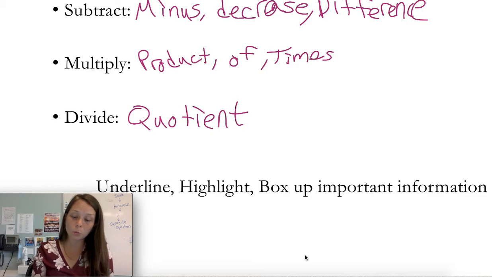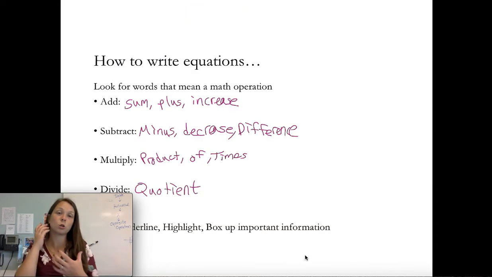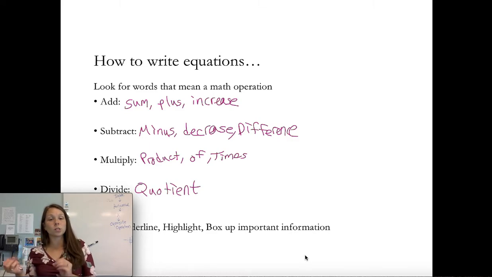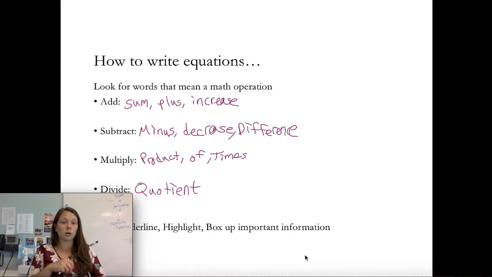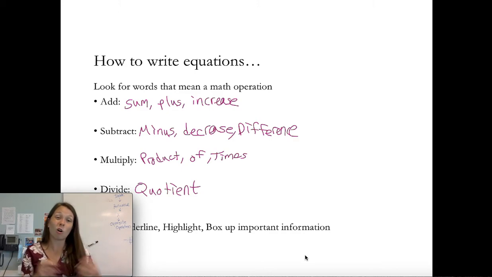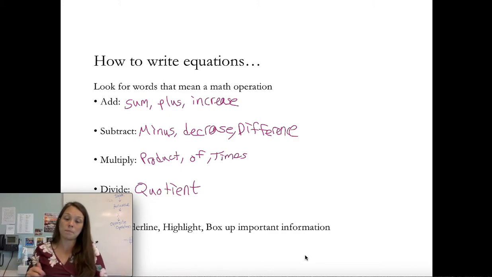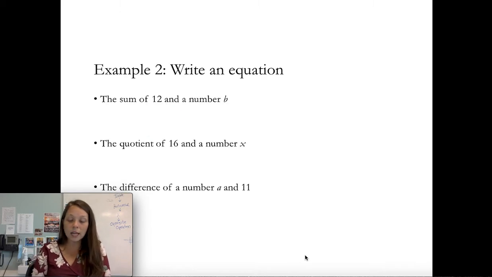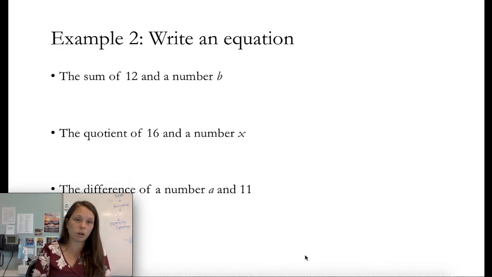So when we're going through problems that are asking us to come up with an equation or write an equation, these are some of the words that you could be looking for and what operation they refer to. Now, this is not a list that contains all the words, but these are just some of them. So looking at example 2, we want to write an equation for each problem. The first one is the sum of 12 and a number b.